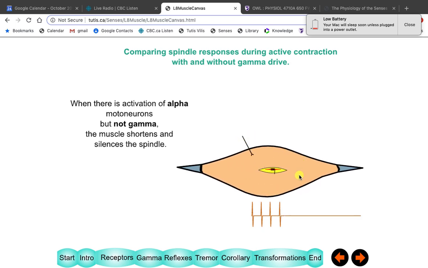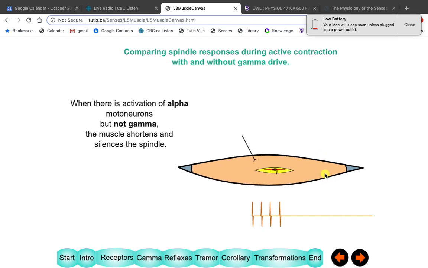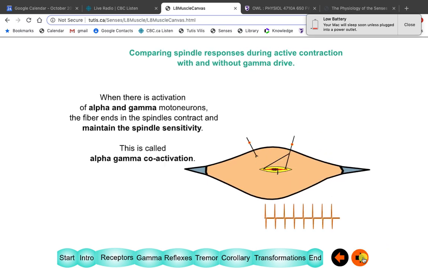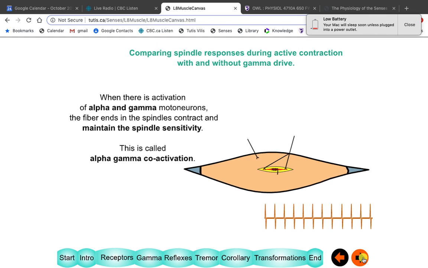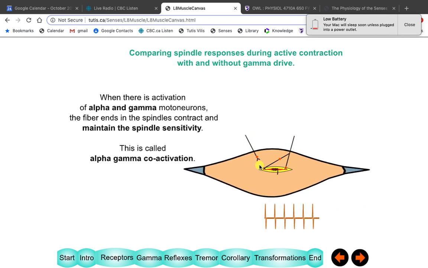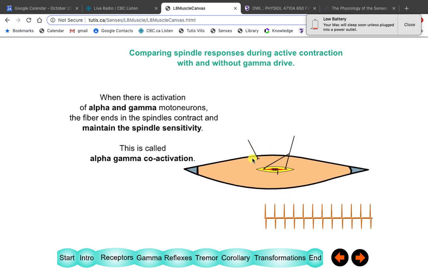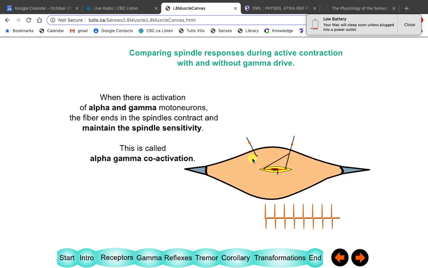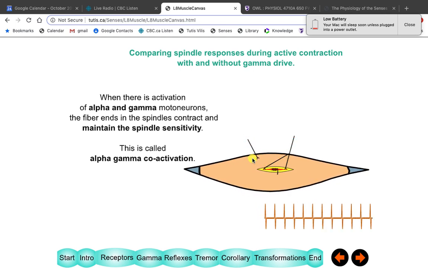You're just contracting the muscle, but not the spindle. If, on the other hand, you contract both, this is the alpha fiber, so the alpha motor neuron is the motor neuron that activates the muscle.